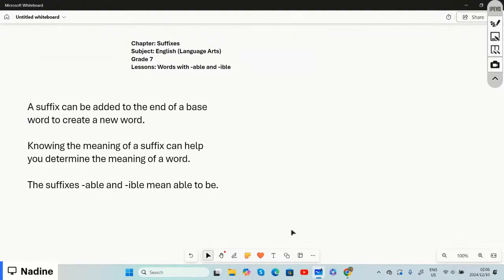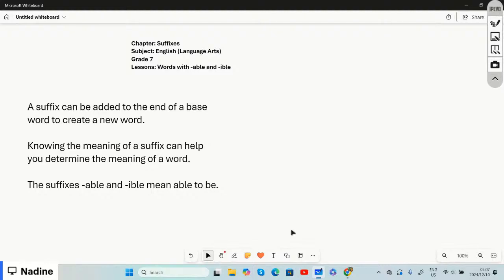And the lesson that we are going to be focusing on under the chapter of suffixes is words with able and ible.